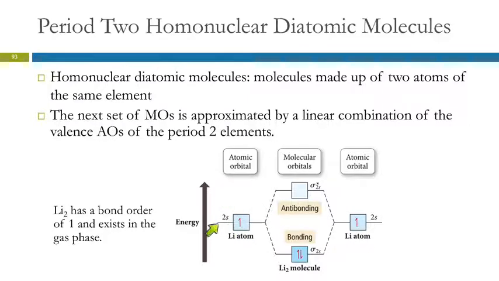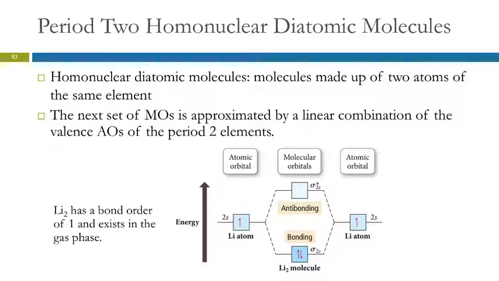So here is an electron diagram for the valence orbital on a lithium atom. Here's the other lithium atom. 2s orbitals are going to combine into molecular orbitals in the same way that 1s orbitals do. So we're going to get a bonding orbital, we'll call that sigma 2s, and an antibonding orbital, sigma star 2s. We have 2 electrons, we're going to put them into the lowest energy orbital first.